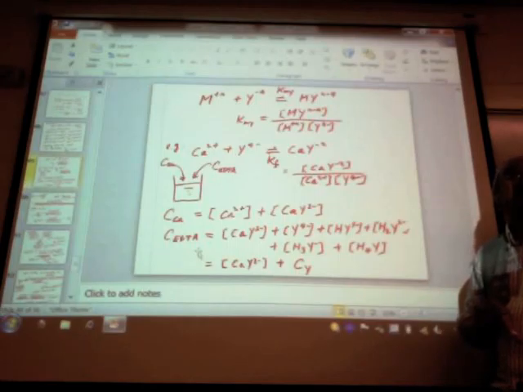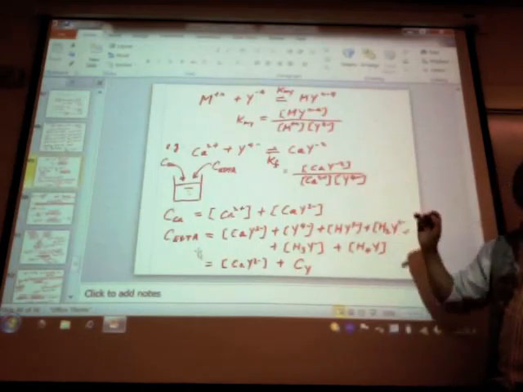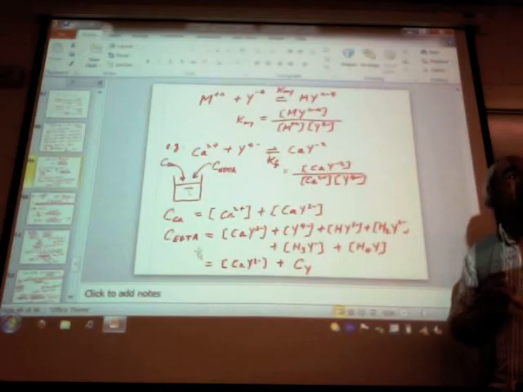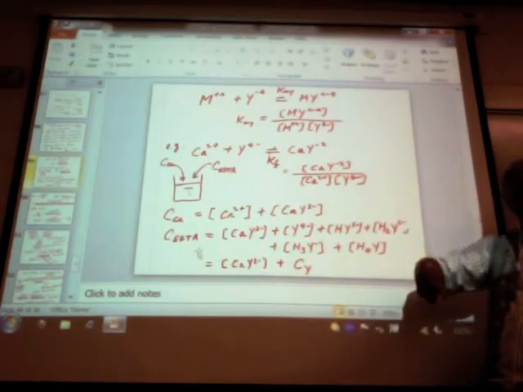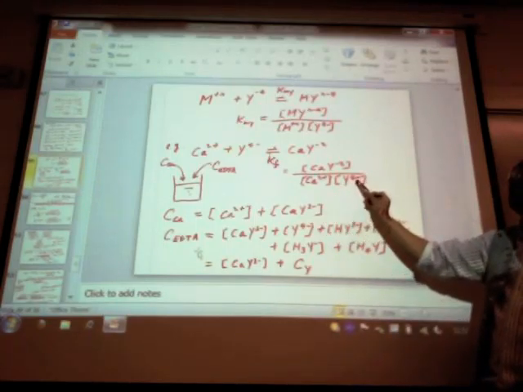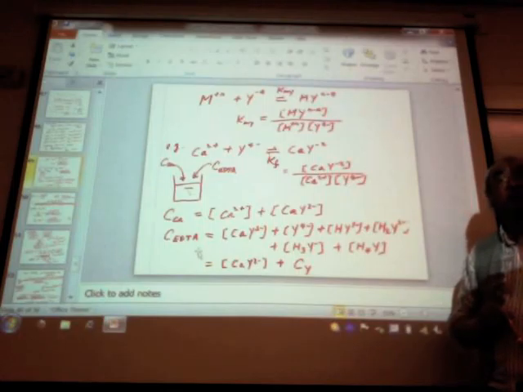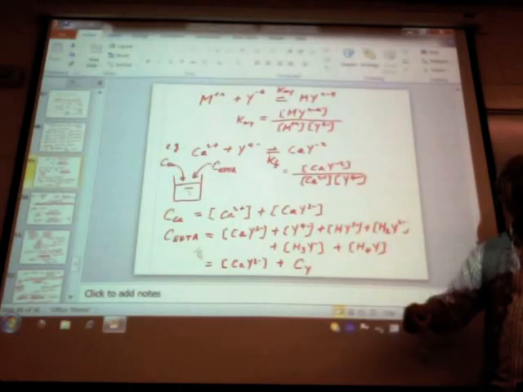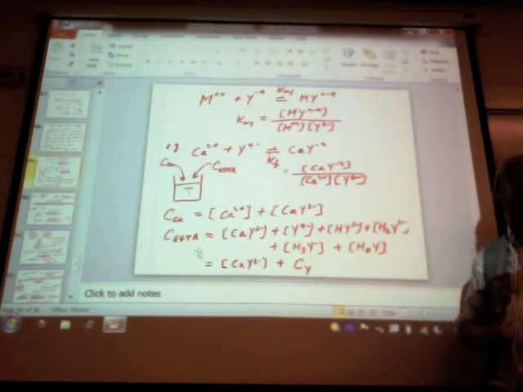But then your pH cannot be higher than 10. If it's higher than 10, your calcium will precipitate from solution, even though virtually all the EDTA is present as Y4 minus. But what good does it do when your calcium precipitates from solution? So that's a limit.